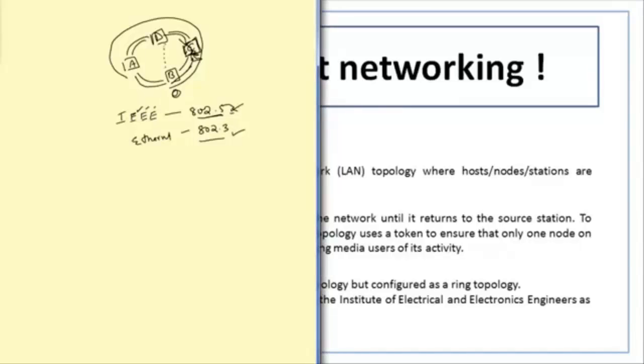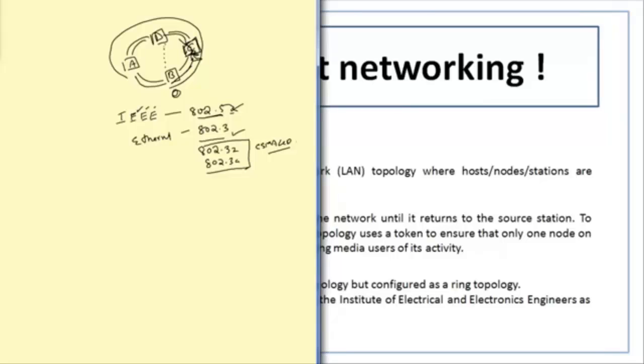The reason I'm saying this is there are small variants in each standard. So let's say we have other standards like 802.3z, 802.3a. These are all Ethernet variants, but the base technology is still 802.3, that is CSMA/CD. Similarly, token ring may have other variations, but the base technology 802.5 will let us know that this is basically token ring functionality.